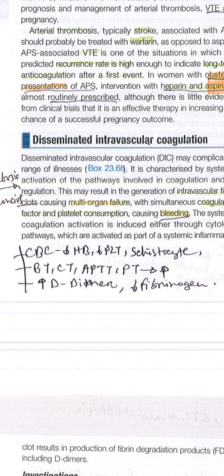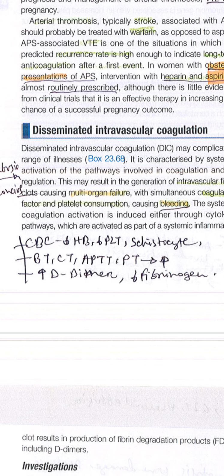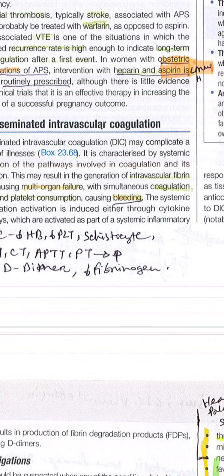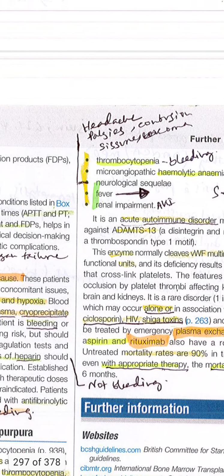And also all the parameters of bleeding are increased: BT, CT, APTT, PT. D-dimer and fibrin degradation products are increased, and there is also low fibrinogen.